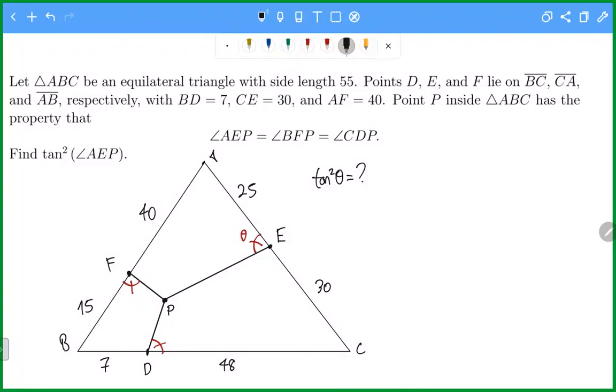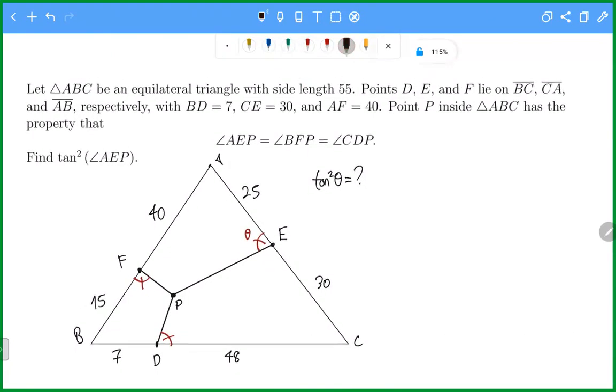Okay, so first let me draw a number of sides and obtain some nice results. First I'm going to draw FE and ED, and then I'm going to use the law of cosines. I know that angle A and angle C are 60 degrees. So I can consider this part as 8K and this part as 5K, where K is 5.